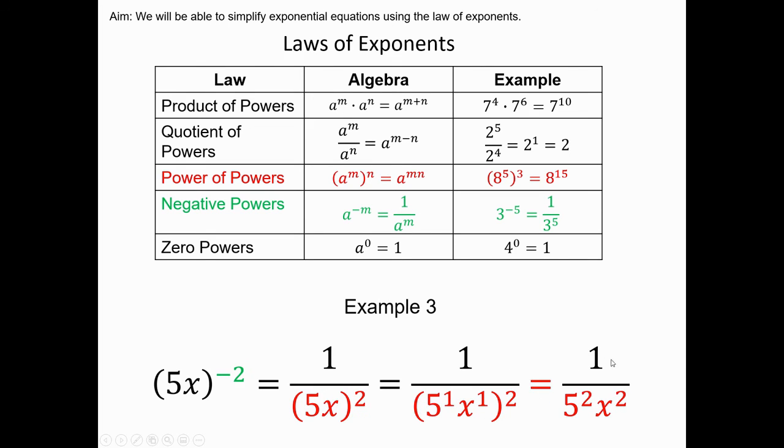So it becomes 1 over 5 to the 2, x to the 2. And it'd be a mistake to stop here because can't we find out what 5 to the second power is? Isn't that just 5 times 5? That's 25. Now we're done. So that was us doing a little bit more work than before, and that's because everything was hit by the negative 2 because of the parentheses and not just the x.